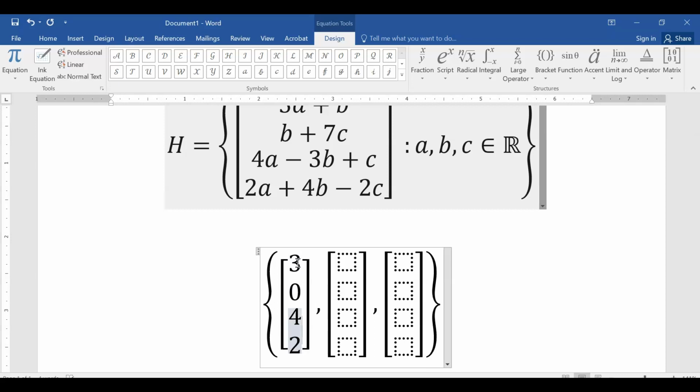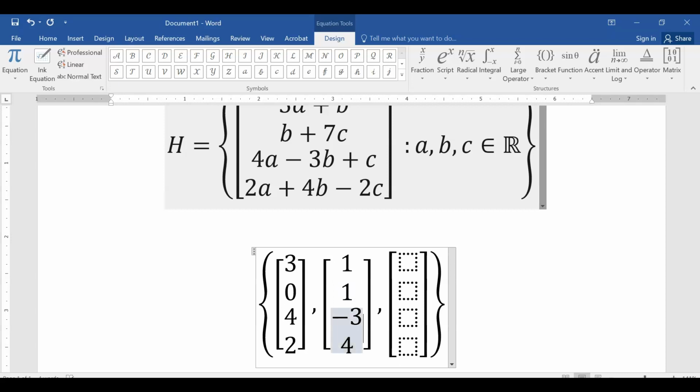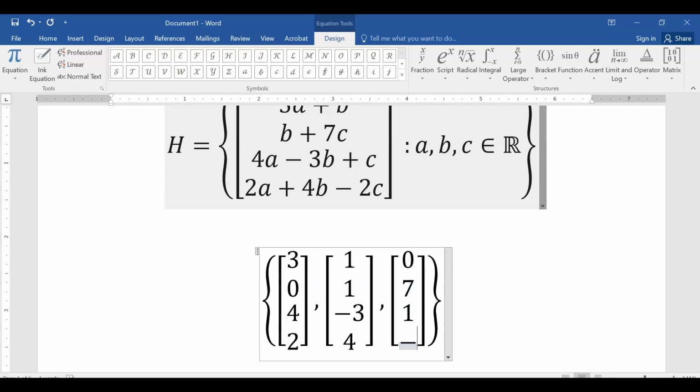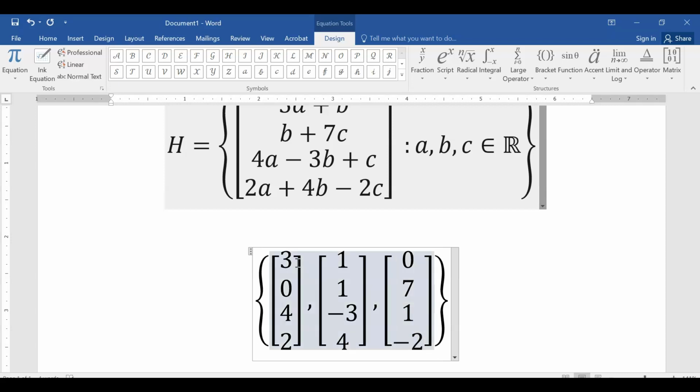To create the vector space, we just take the coefficients of a, the coefficients of b, and the coefficients of c as our three vectors. And the one thing we do need to check is that these are linearly independent. We know that the span of these three vectors will give us every vector in H because that's how we built it. So all we need to do is double check that these are linearly independent.